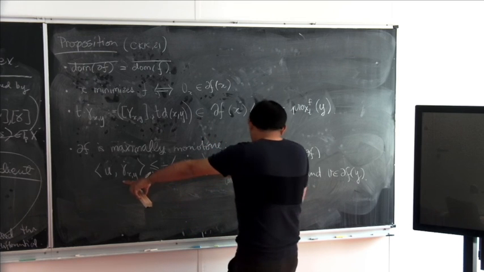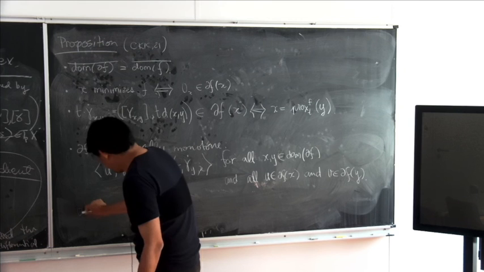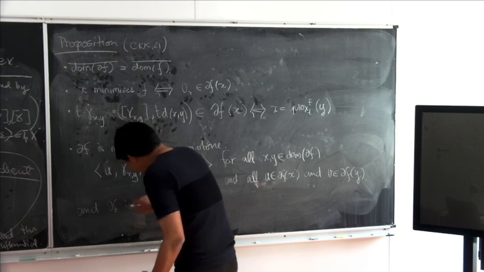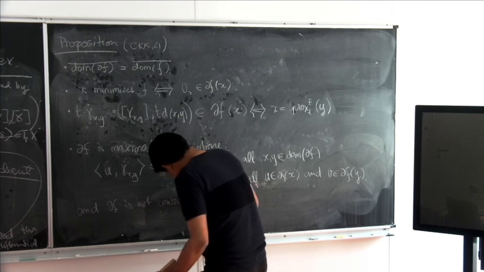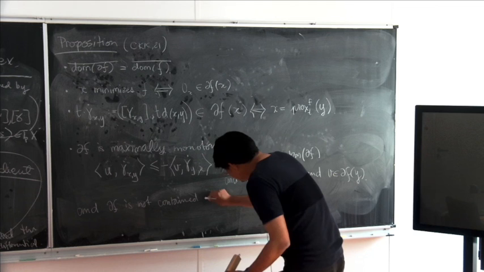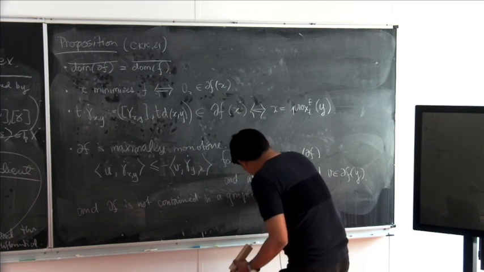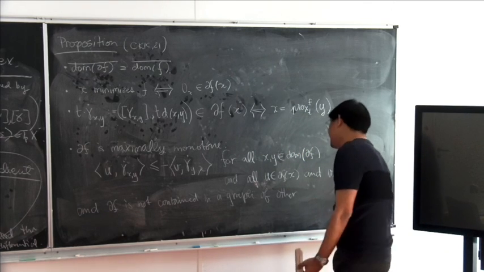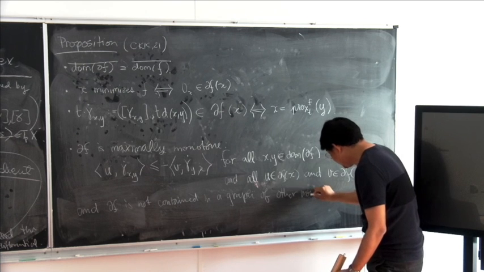So the condition here is the monotonicity, and this is not contained in a graph of another one. Finally, we have to use the word vector field.